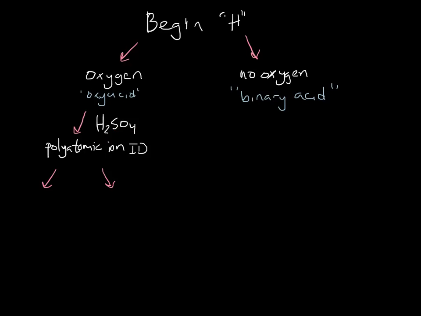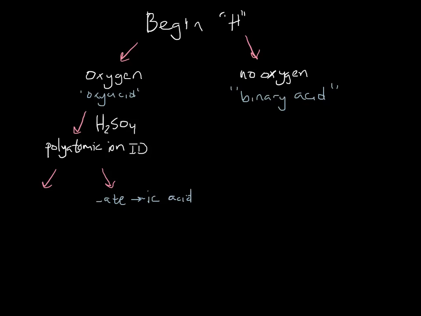So if your polyatomic ion ends in ATE, you change the ATE to IC. Okay, so ATE is dropped and turned to IC. And then you add the word acid to the end. So drop the ate, add the ic, acid. So sulfuric acid from sulfate.